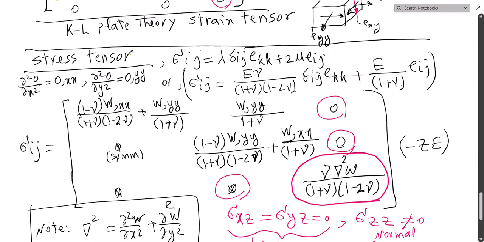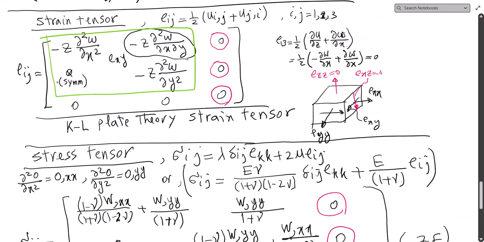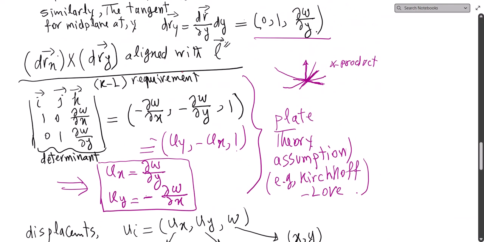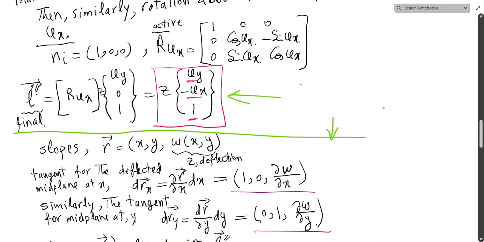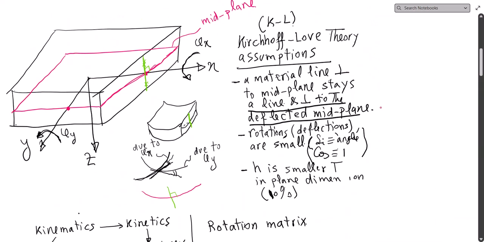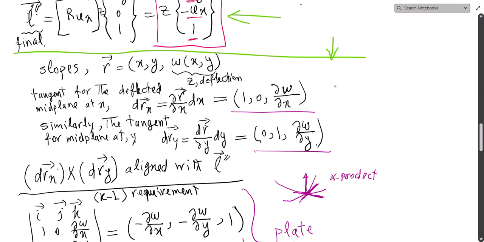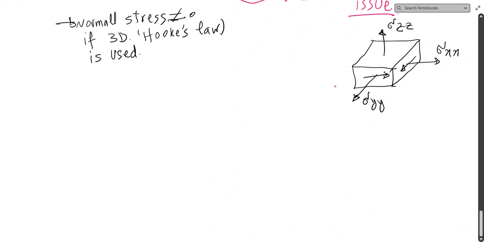So the source of the problem is coming from that if we consider the full 3D Hooke's law using our resulted strain tensor from the assumptions of the Kirchhoff-Love plate theory, we ran into an issue as an inconsistency.